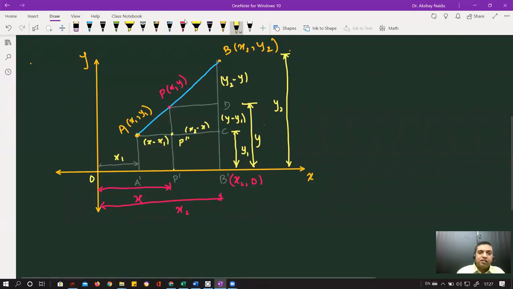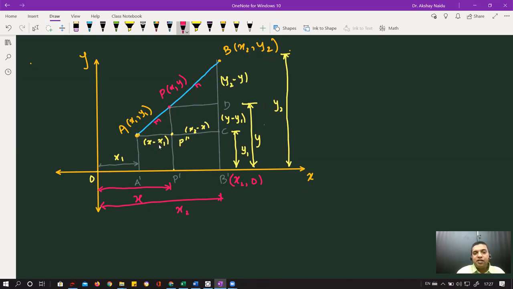Now, we know that P is dividing AB in the ratio m is to n. AP by PB is m by n. By similar triangles, if you consider this triangle BAC as one triangle and AP double dash as another, these are similar triangles.